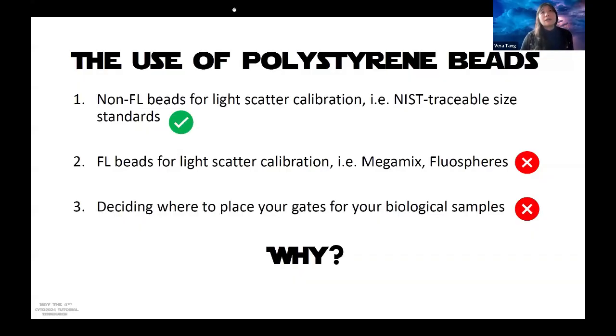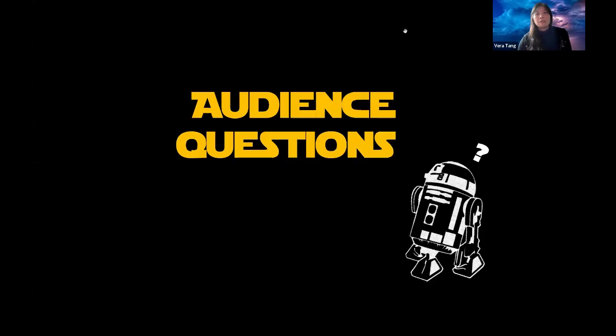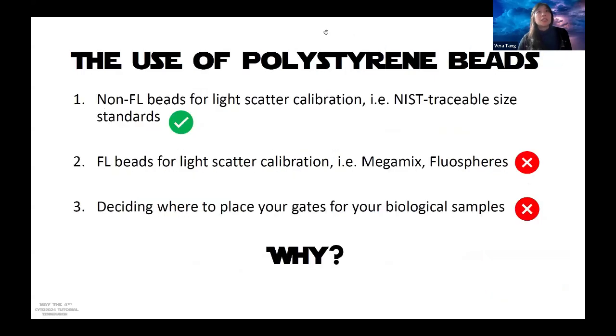I think there's sometimes a certain level of confusion when it comes to the use of polystyrene beads. I think there was almost a stigma initially about people using polystyrene beads, that they were bad, because they don't represent the refractive index of EVs, and that's totally true.